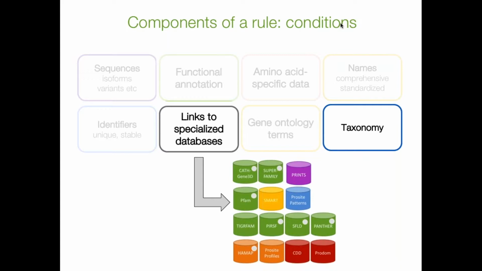In addition, I've already mentioned that we care a lot about taxonomy and make sure that information is always attached to the right kind of species and its protein sequences. So both these very important condition spaces that we need for automatic annotation are already taken care of by the information that's readily available in the UniProt knowledge base entries, both the reviewed ones and the unreviewed ones, I'd like to add.